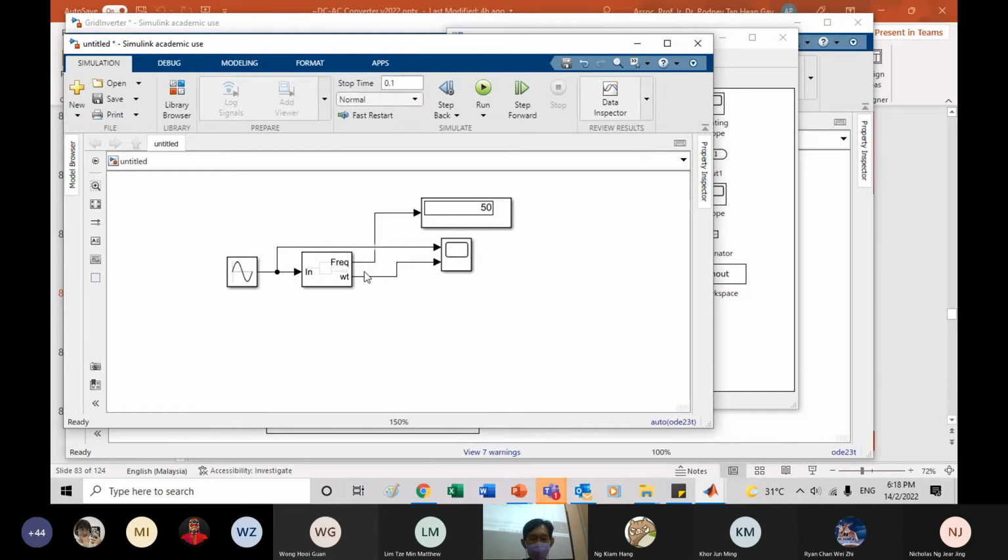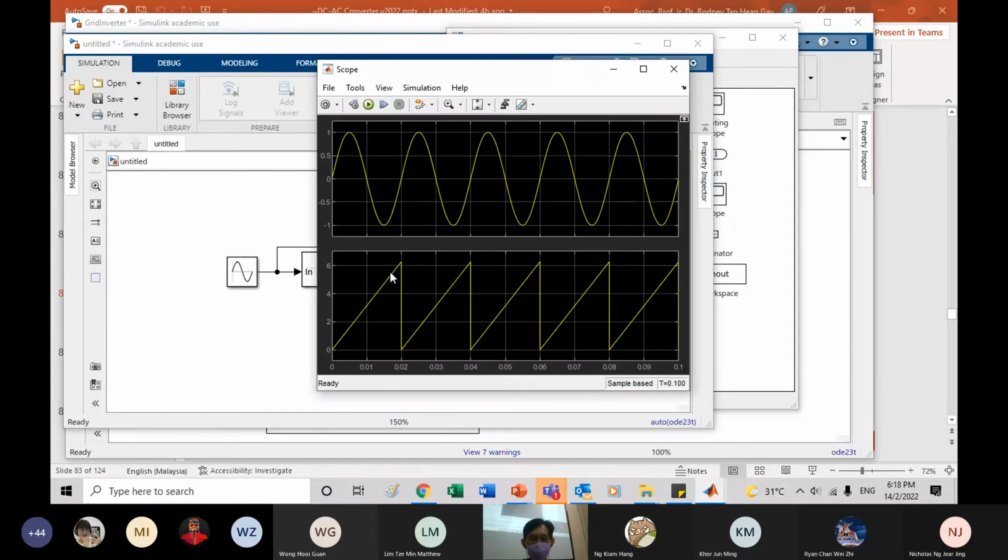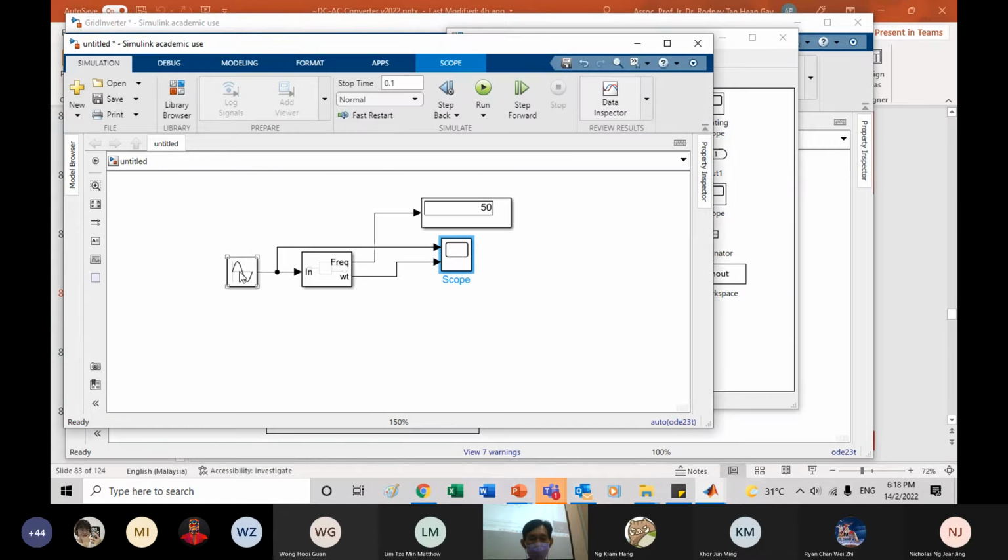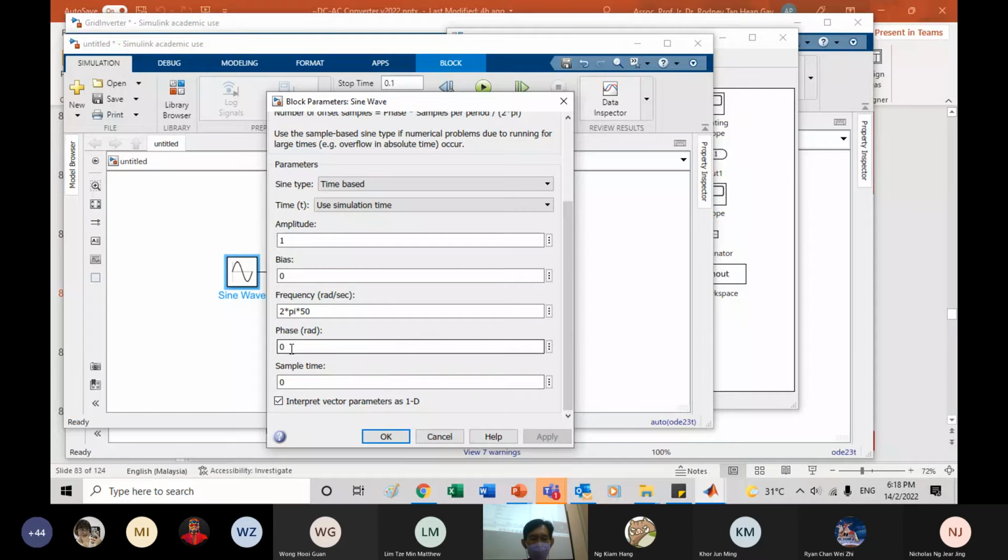Okay, the PLL will tell you the frequency, and then it will show you this. So if I change this sine wave, right? Now it starts from 0 degrees, right? So the PLL will start with 0. Now, what if I start with 90 degrees, which is pi?